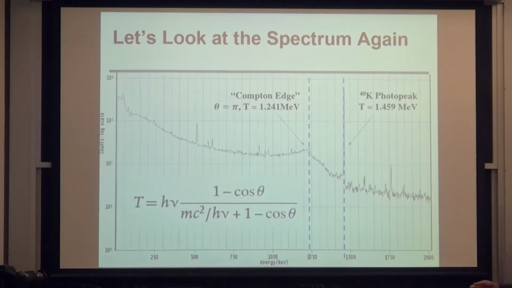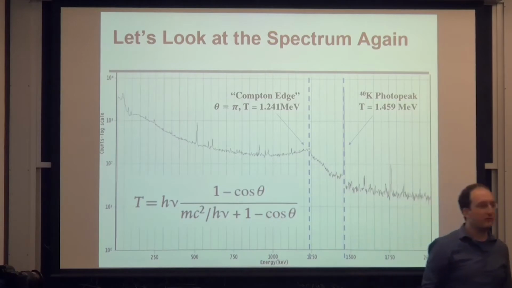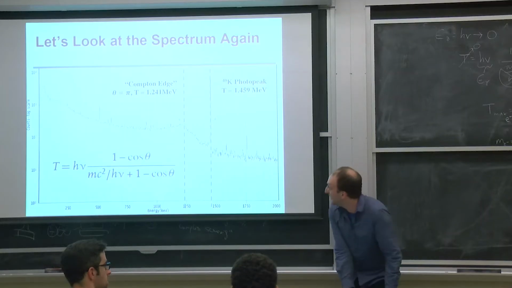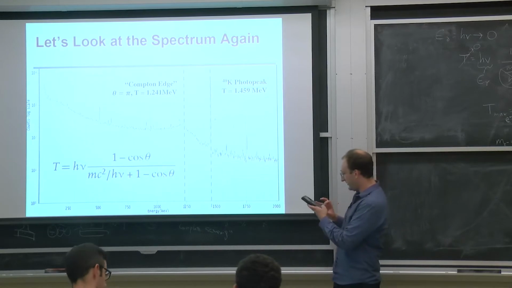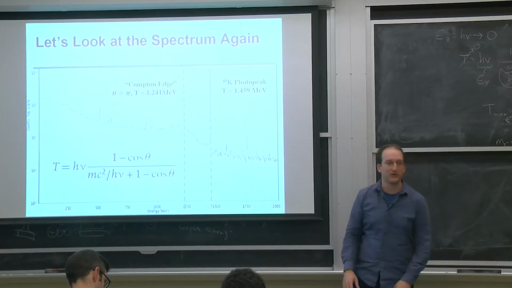It was an interesting coincidence that our photopeak and our Compton edge were pretty close to that number apart, but 1 MeV isn't quite infinity. But it is pretty close. That difference right there, what does that come out to? Before I say something stupid, I'll just calculate it. 1.241. It's like 0.218 MeV, so we're already most of the way there.